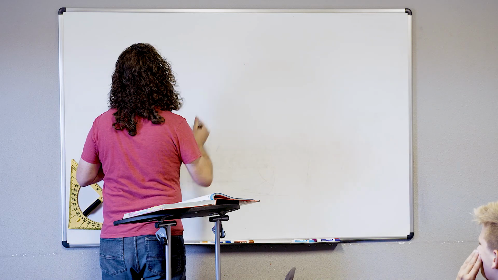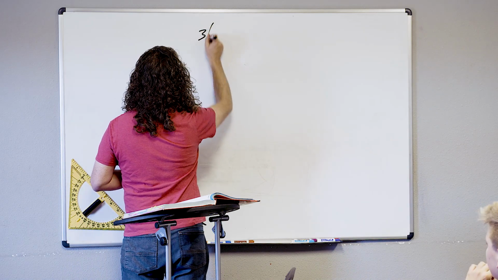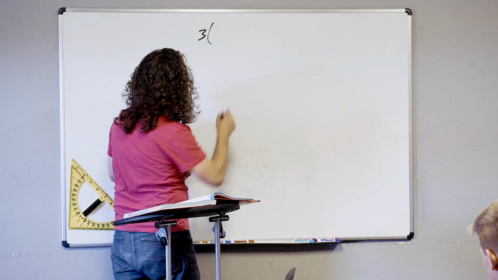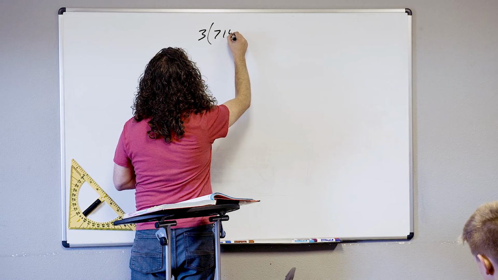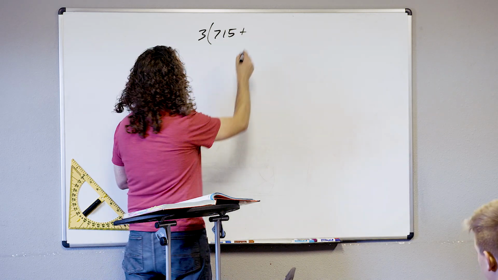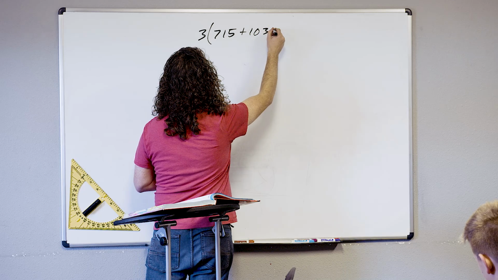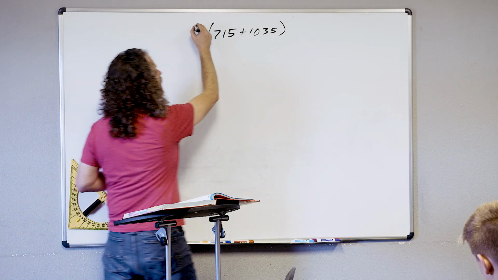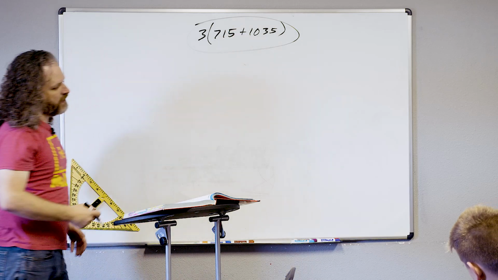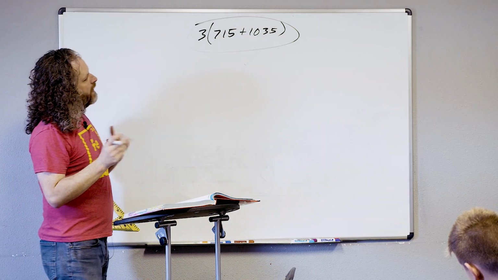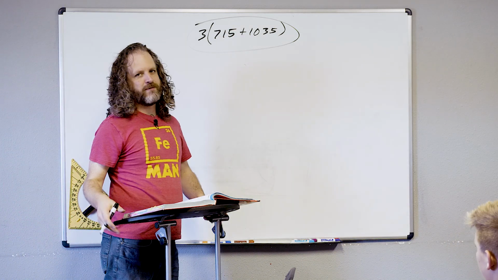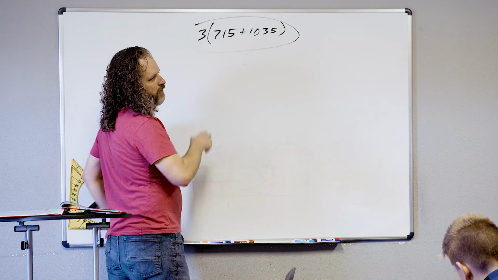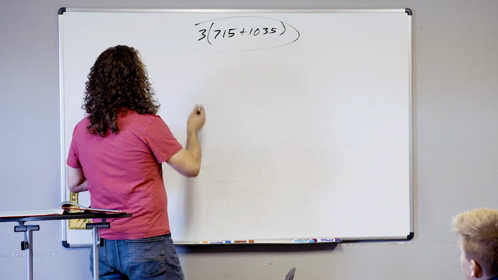So, 3 days times the first place was 715, the second place was 1,035. There is the expression. That part's done. Now what do we do to solve this the way they expect, with the distributive property? You don't have to do that on this problem, but that's the expectation here.